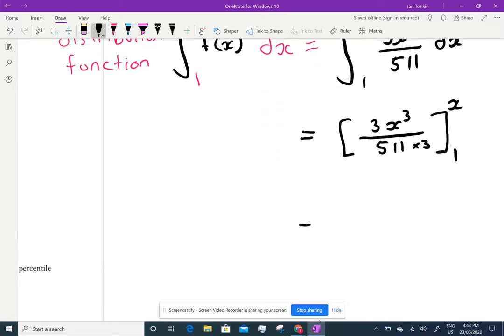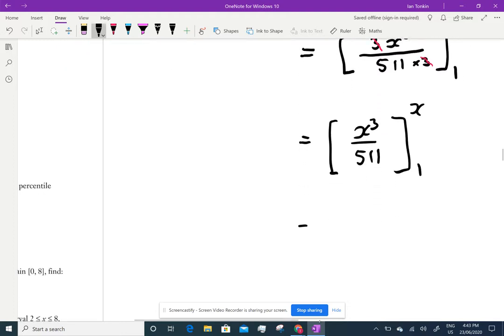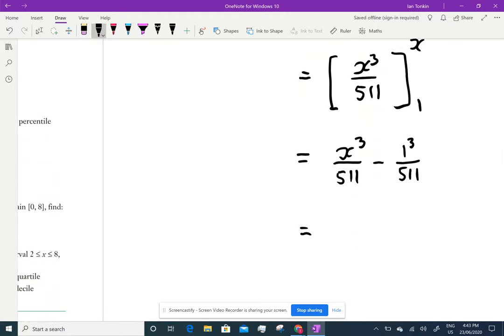Those 3's will cancel, so it didn't change anything except the power. I've now got x cubed on 511 between x and 1. I substitute that in, and I'll get x cubed on 511 minus 1 cubed on 511, which gives me x cubed minus 1 on 511.